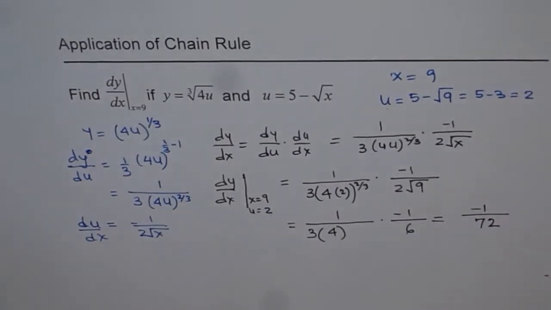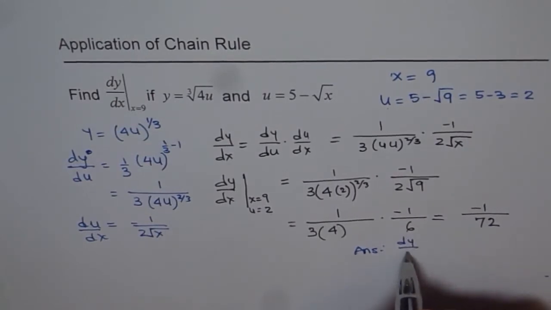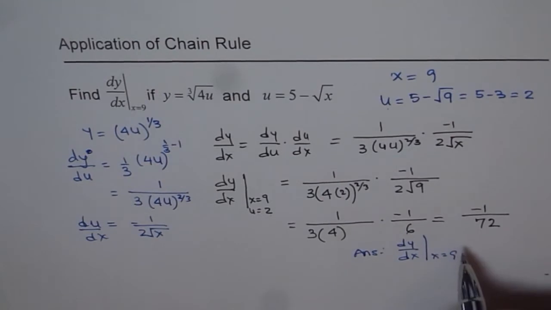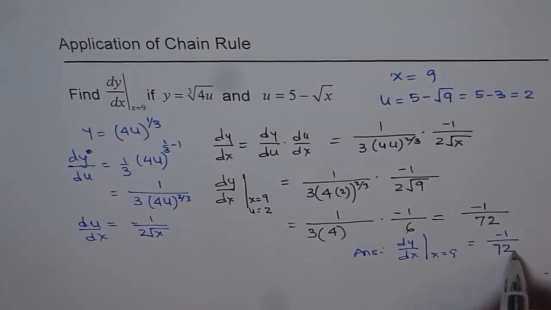So we get minus 1 over 72 as our answer. So dy/dx at x equals 9 for the given function is equal to minus 1/72, right?